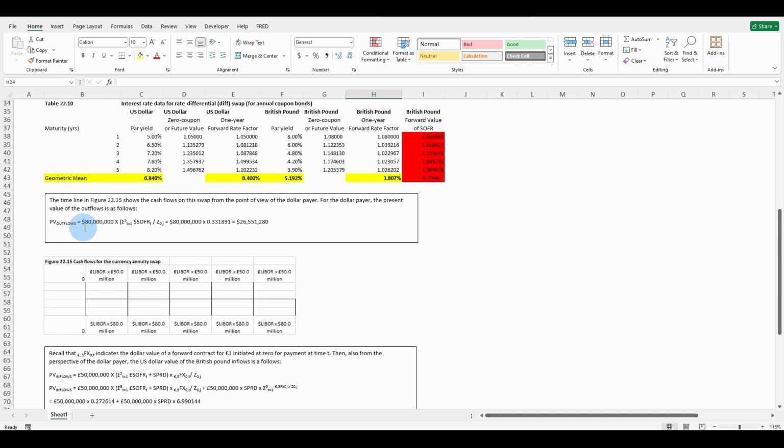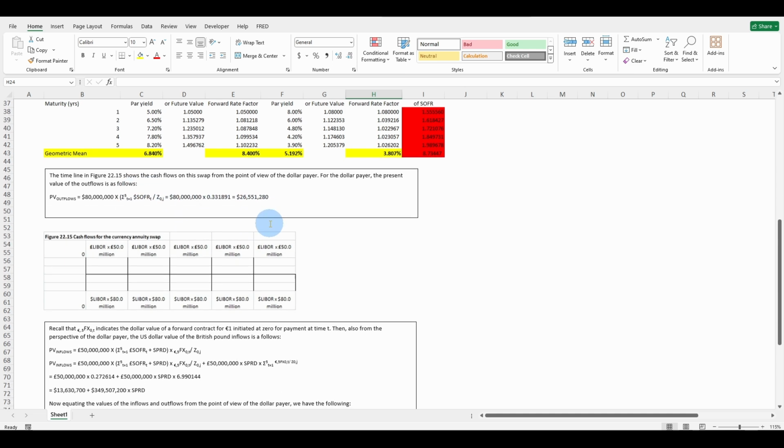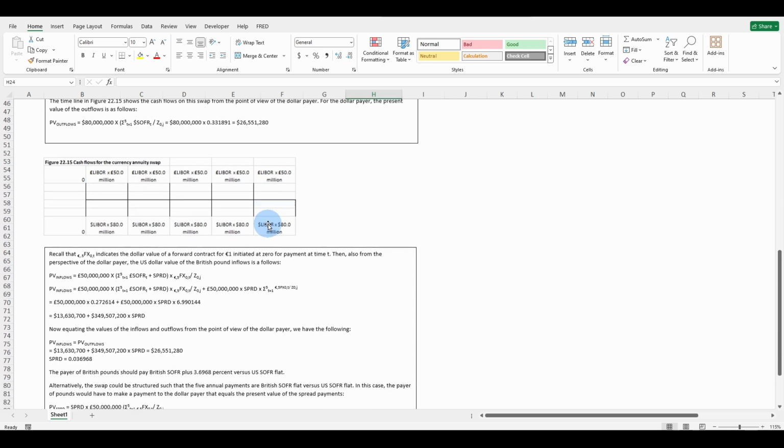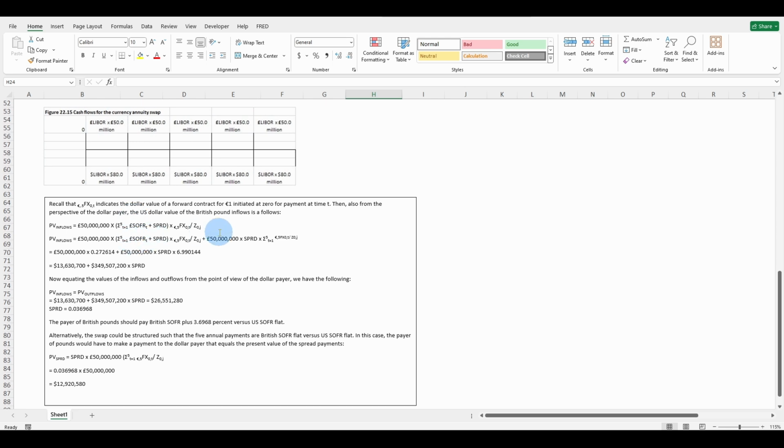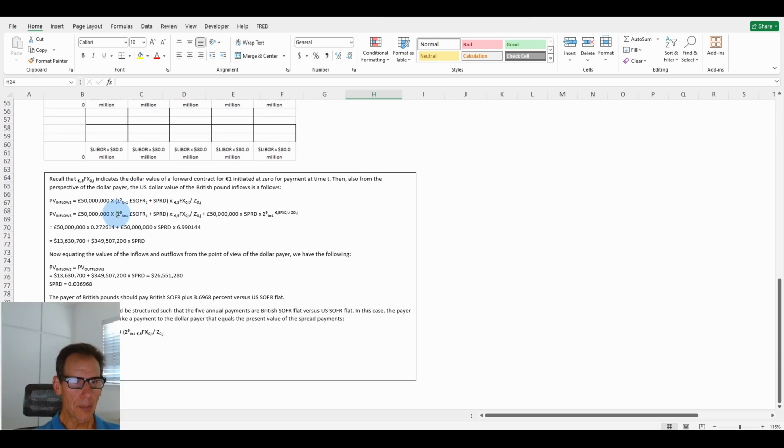So we have PV equals 80 million, and then SOFR 0, 80 million times 0.033, which gives 26.15 million. Recall that F of X indicates the dollar value of a forward contract for 1 pound initiated at zero for payment at time T. Then from the perspective of the dollar payer, the US dollar value of the British pound inflows is as follows: £50 million times SOFR plus spread.